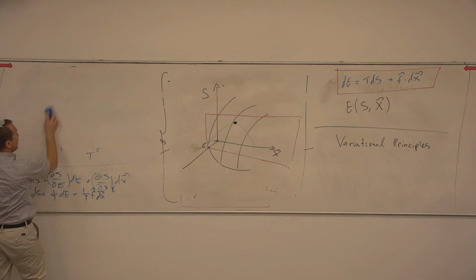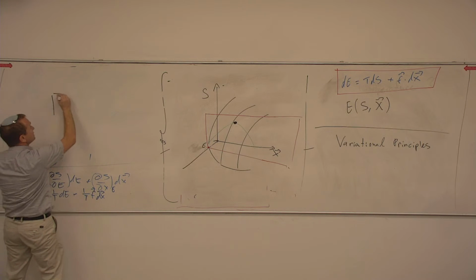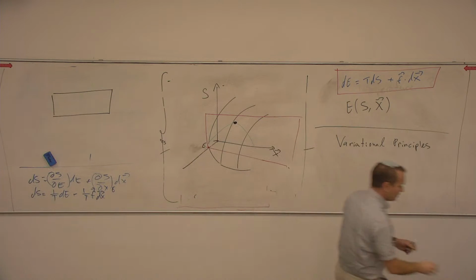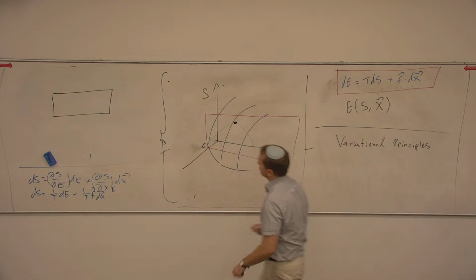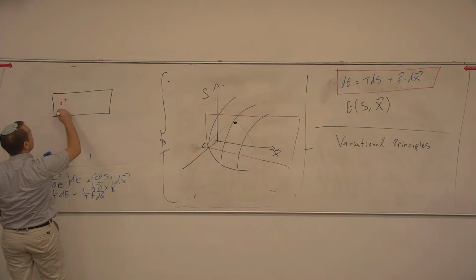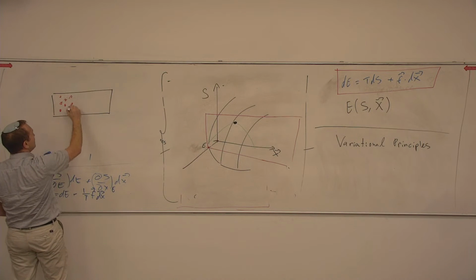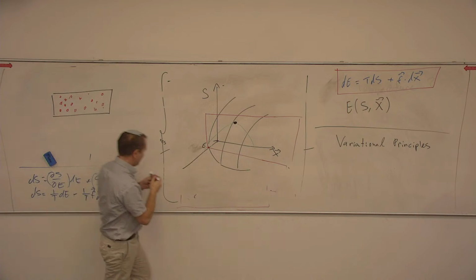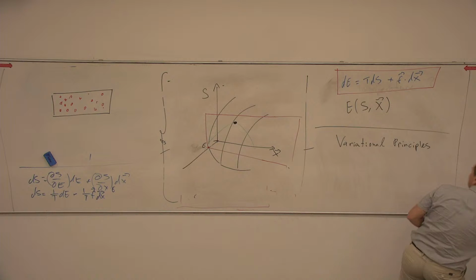If you want a simple idea in your head, let's assume that I have a system and I separate it, and inside the system I have different particles, red particles and blue particles.